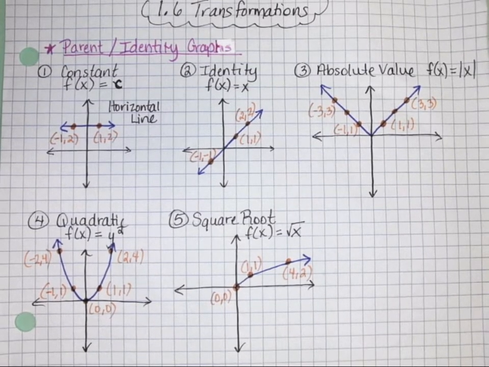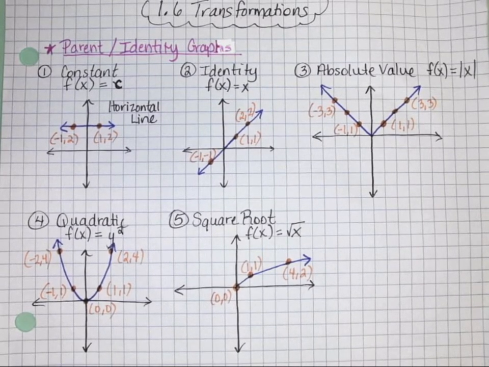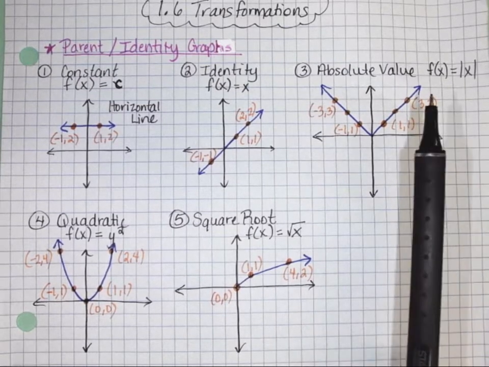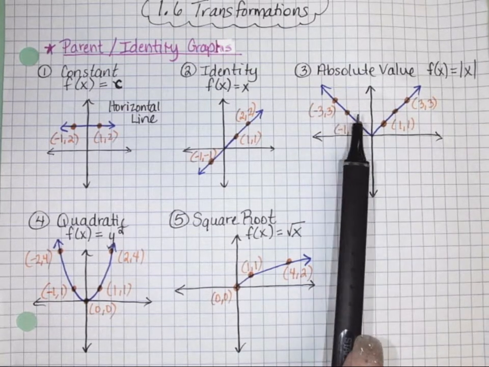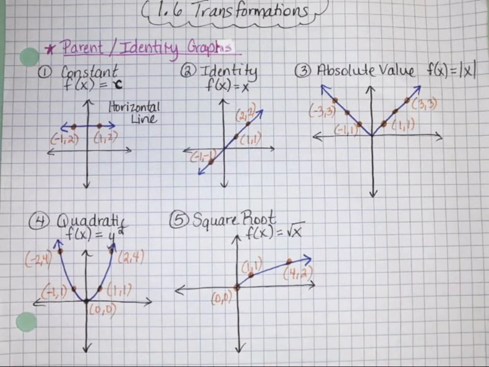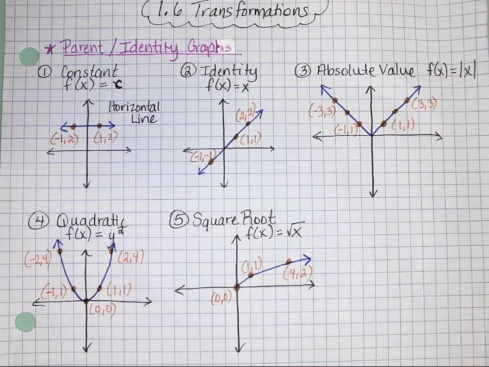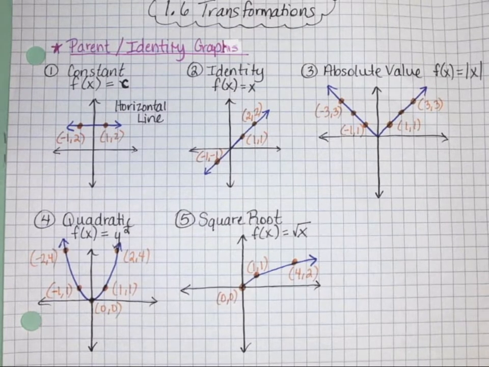What you need to remember later on in this lesson, and as you're going to see in your math lab assignment, is that they're going to say, okay, graph your original absolute value, and you've got to recall your original ordered pairs. So you can use this first page of your notes as a reference later on when you get asked to graph the cubic function, the quadratic function, cube root, square root function, and so on.